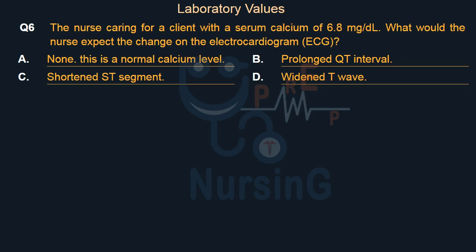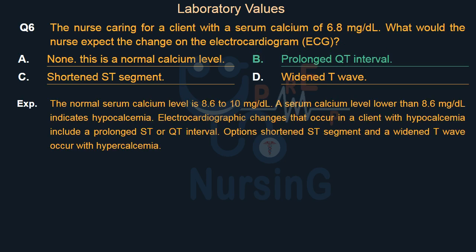Right answer is Option B, prolonged QT interval. The normal serum calcium level is 8.6 to 10 mg/dl. A serum calcium level lower than 8.6 mg/dl indicates hypocalcemia. Electrocardiographic changes that occur in a client with hypocalcemia include a prolonged ST or QT interval. Options C and D, shortened ST segment and a widened T wave, occur with hypercalcemia.